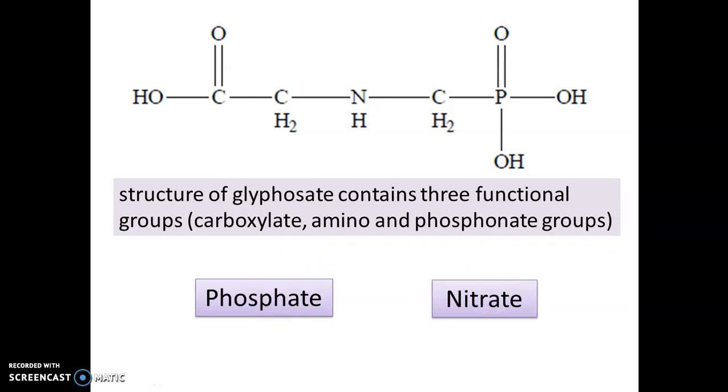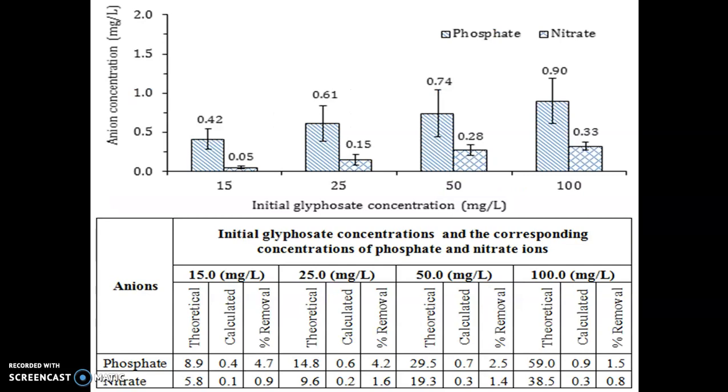However, in this study, the detected phosphate and nitrate anion concentrations are very low compared to the theoretical value. This is because the evaporation of nitrogen gas may occur, and this is supported by the previous study by Manacero and Fu, where they also detected low concentrations of phosphate and nitrate.